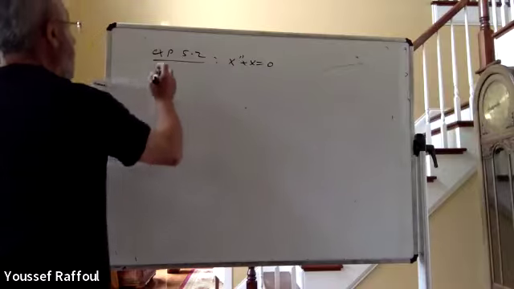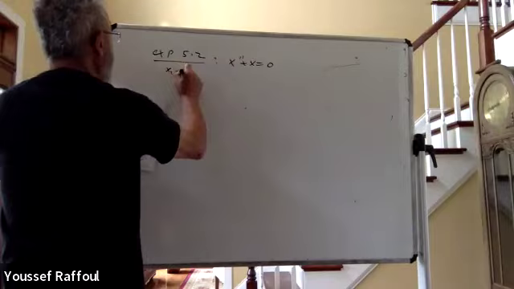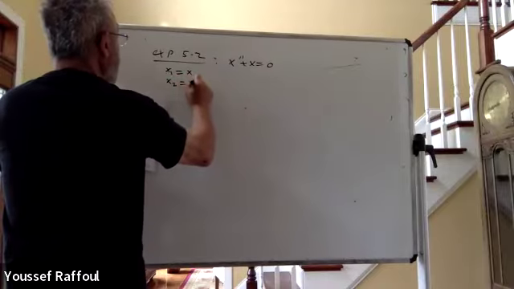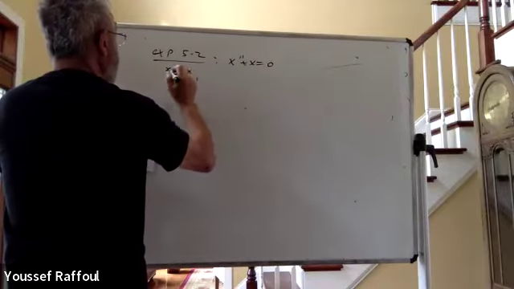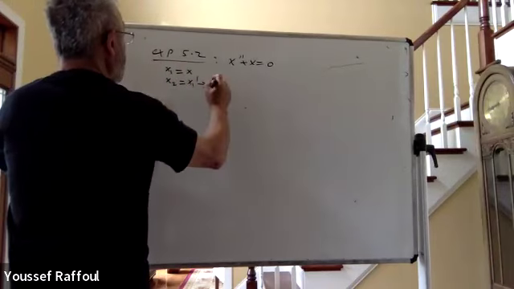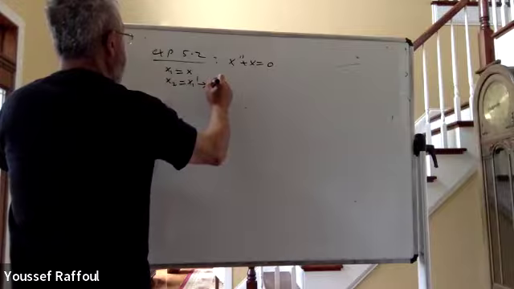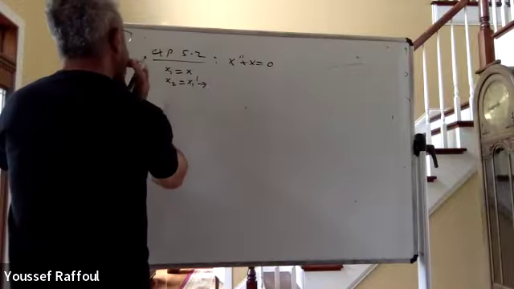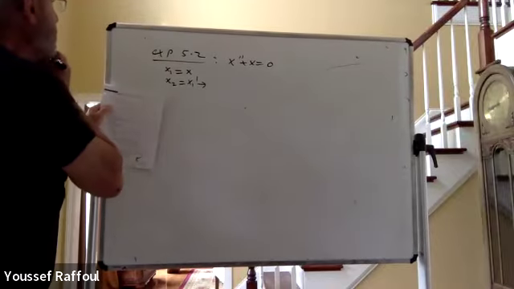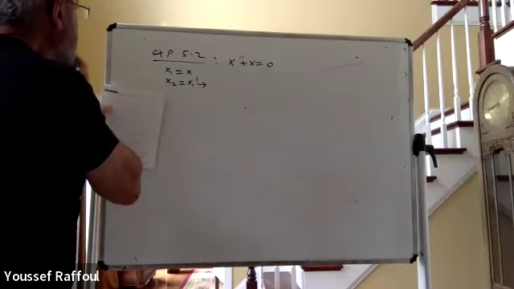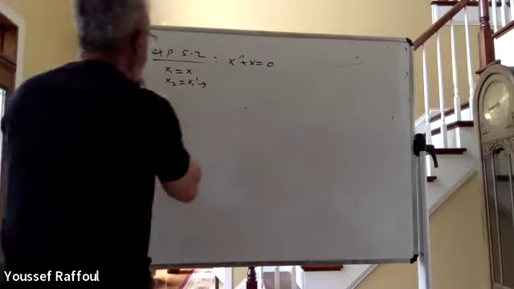If I let x1 equal to x and x2 equal to x1 prime, this means x1 prime equals x2.